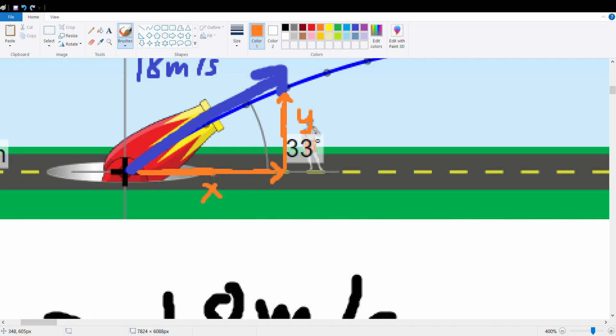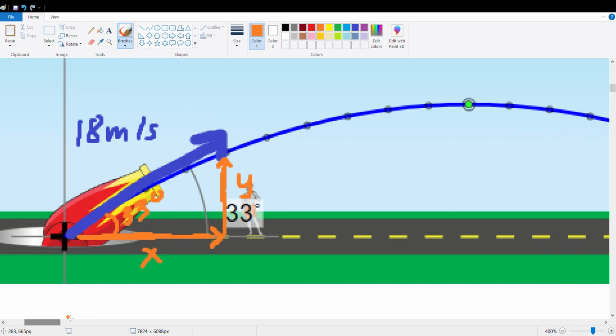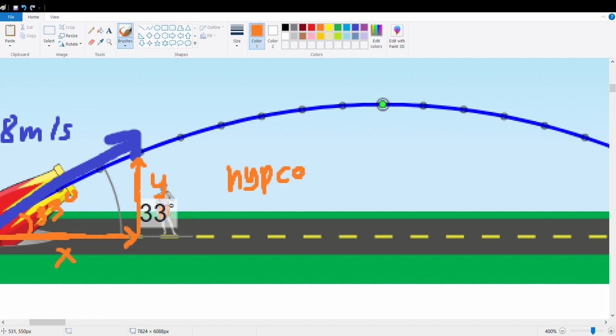To find that, since we have the 33-degree angle here, this is basically trigonometry. If you've learned trigonometric functions, it's hypotenuse cos theta and hypotenuse sine theta.